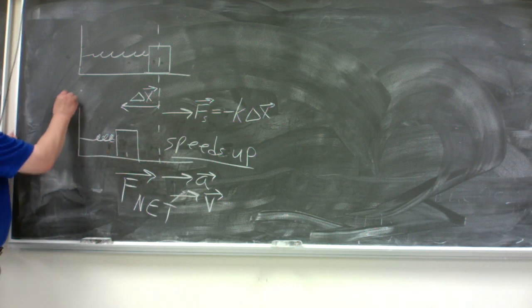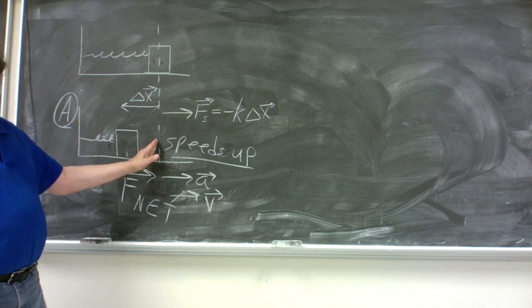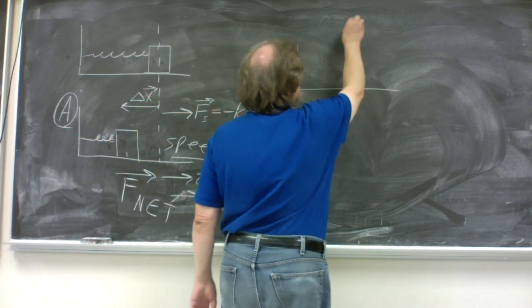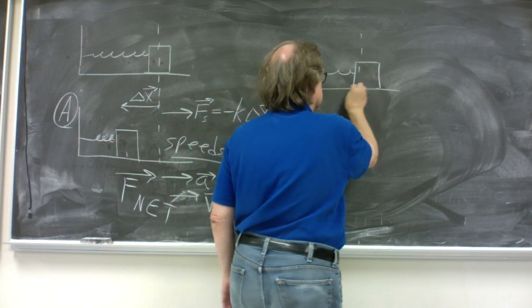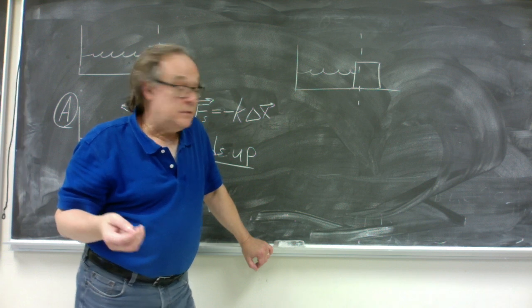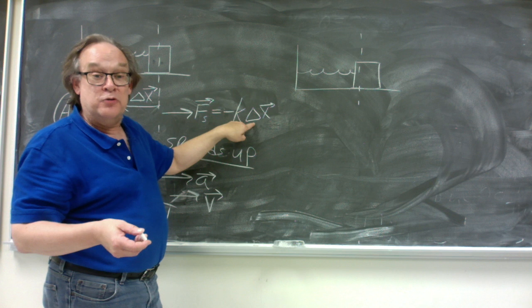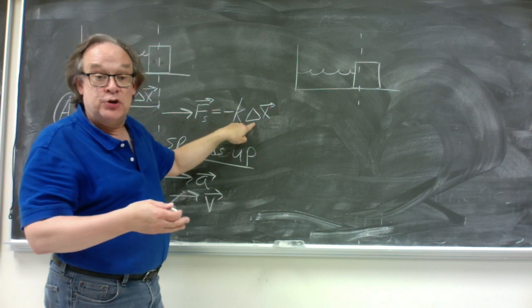Well, eventually, we'll call this situation A, eventually the mass gets back to the equilibrium point. At equilibrium, the mass is not displaced away from equilibrium. The spring is not stretched or compressed.